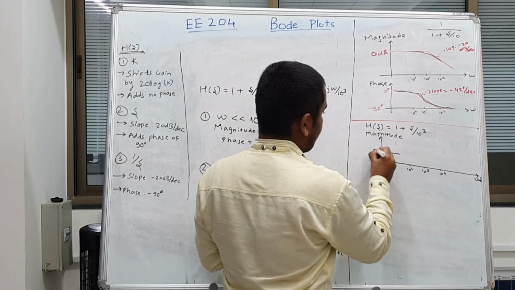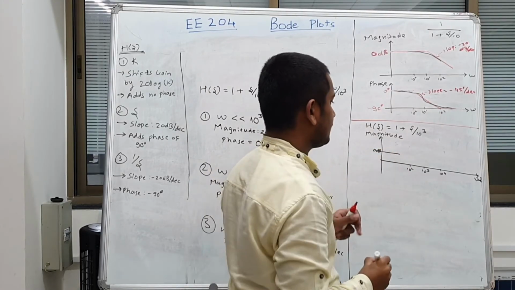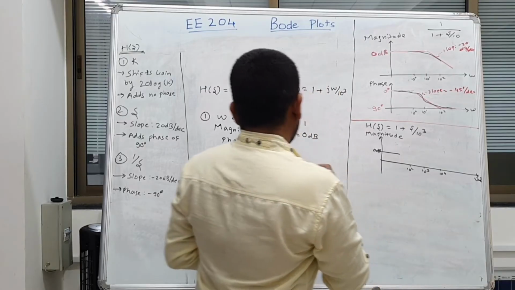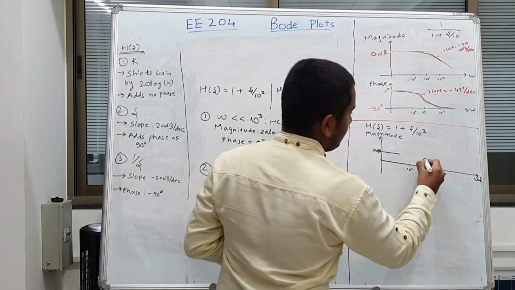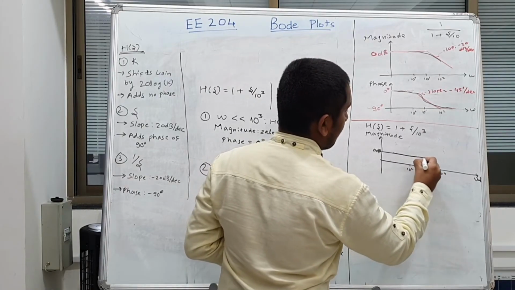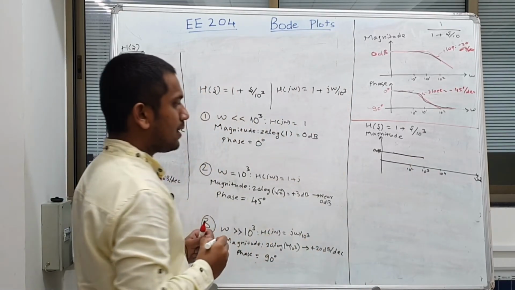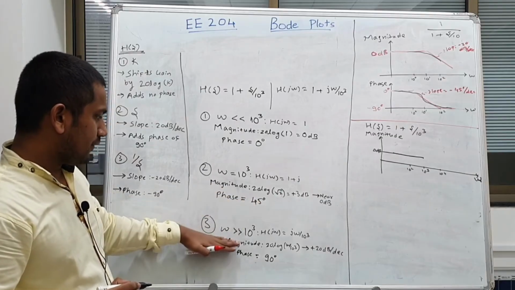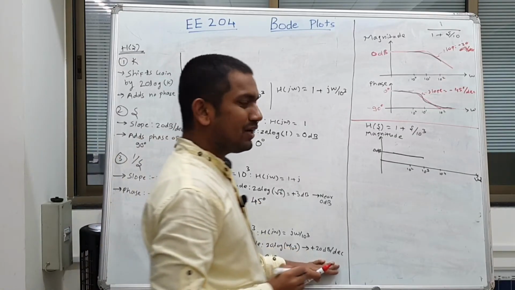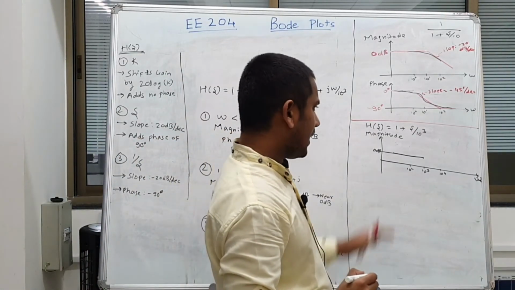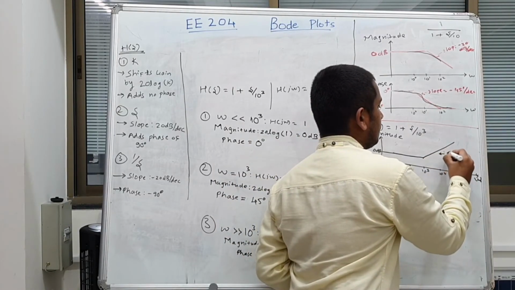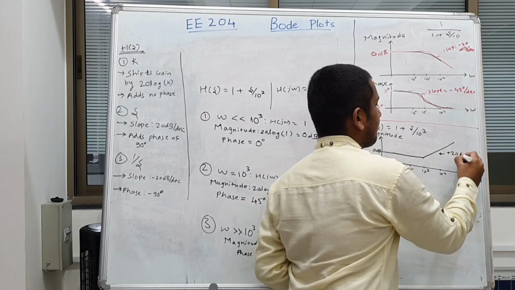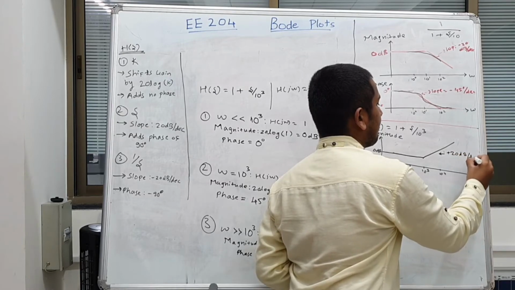It stays at 0 dB till we reach the corner frequency, and beyond it the magnitude plot increases with a slope of plus 20 dB per decade.